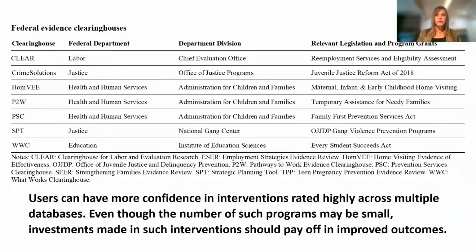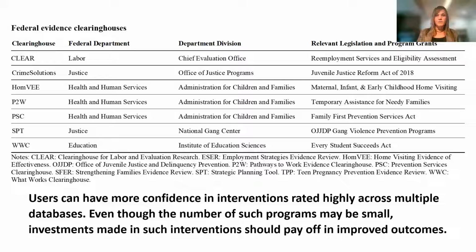I briefly want to touch on that several online clearinghouses exist. Even within the department or the US government, there are several federal evidence clearinghouses, and it can cause confusion about which clearinghouse to go to.